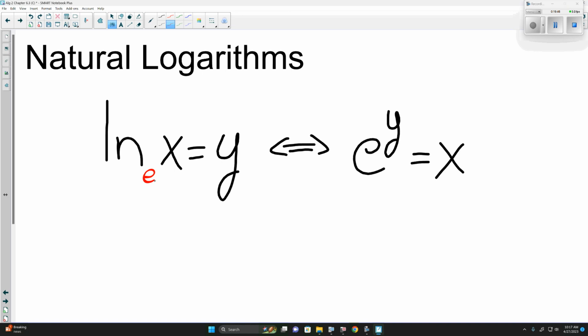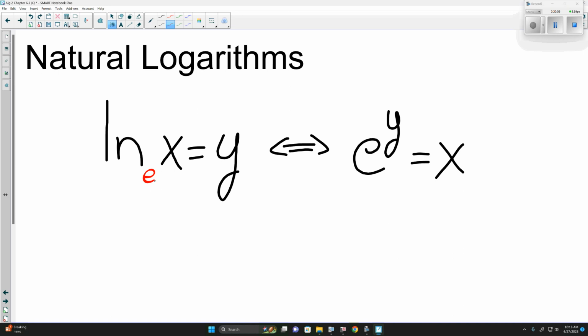I don't know why they didn't denote it as NL instead of LN. It confused me. They may have just ordered it alphabetically, which is weird. We don't do that with other things. So here it's ln.